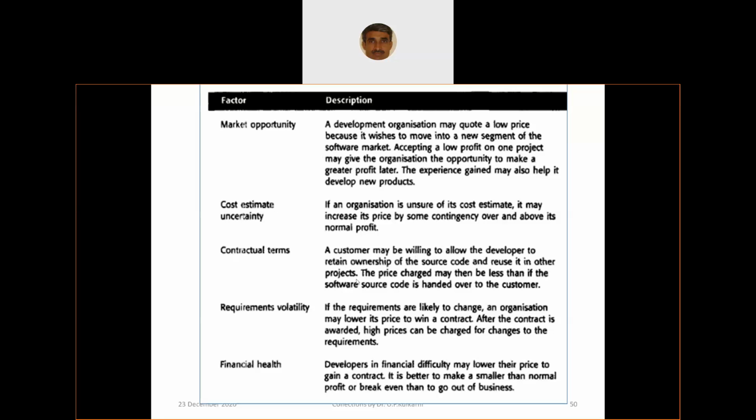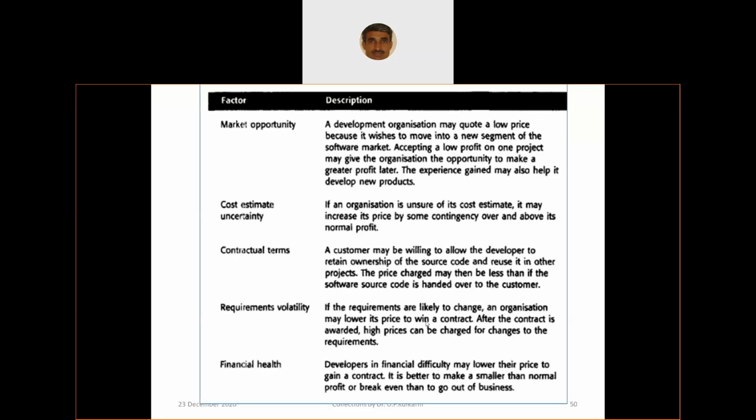So there are many things. Look at requirement volatility. If the requirements are likely to change, an organization may lower its price to win the contract. If everything is known and fixed, then the cost is less because they want to win the contract.